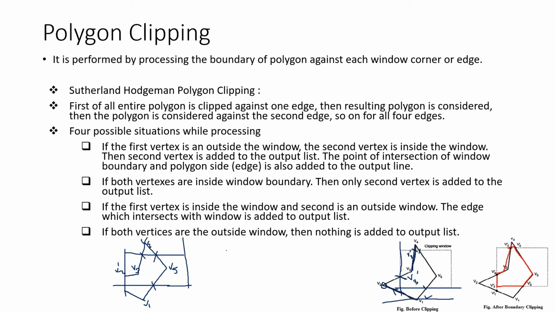Actually this one was considered v1 dashed over here. Whenever we are considering the left boundary, we saw that this v1 dash came into play, but when we look at the bottom boundary, we will see that v1 dash is also outside the bottom boundary. So in that case, we are going to get the v2 dash and also the v5 dash. So that is how it is going to work.